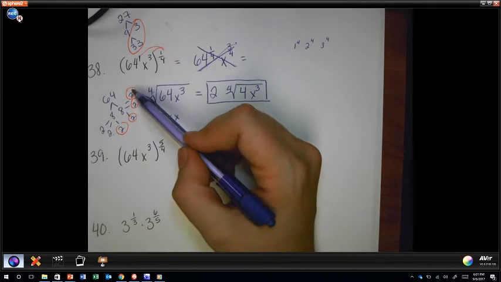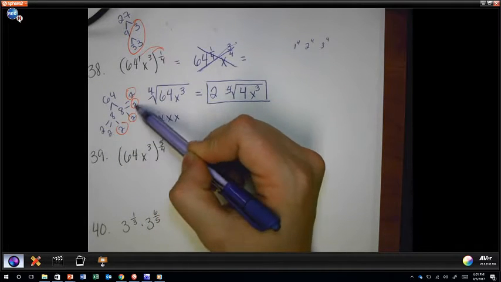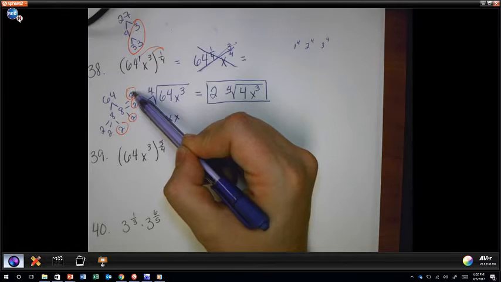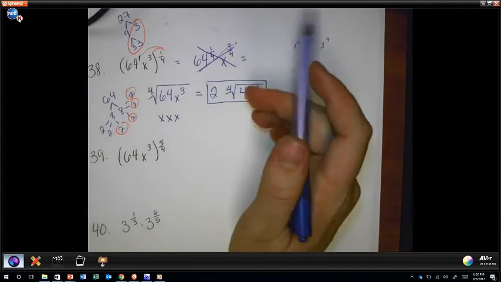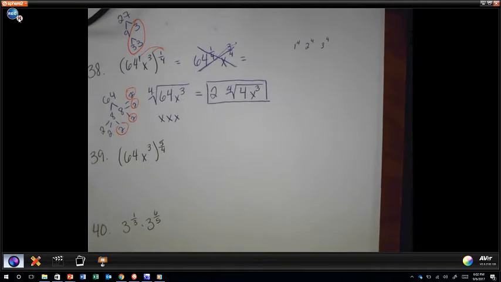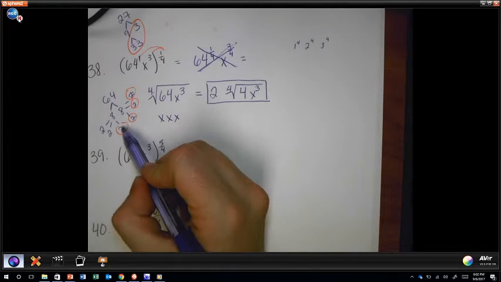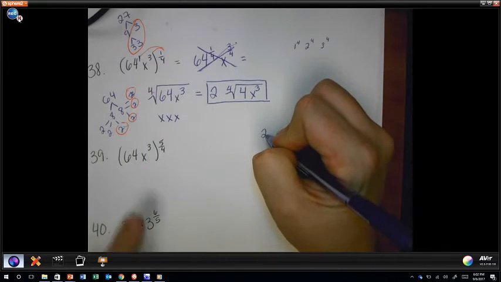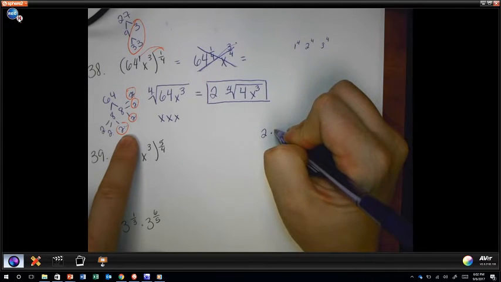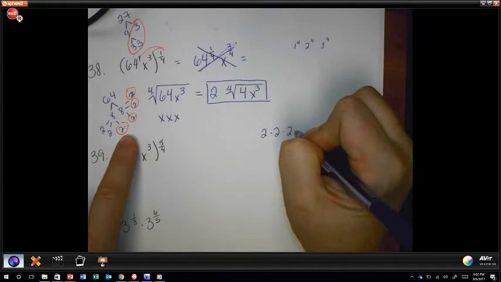Let's think through this. I could take all of my factors of 64, and I would have 5 of all of those factors afterward, which means I'd have one group of 2, another group of 2, and I would do that 5 times.